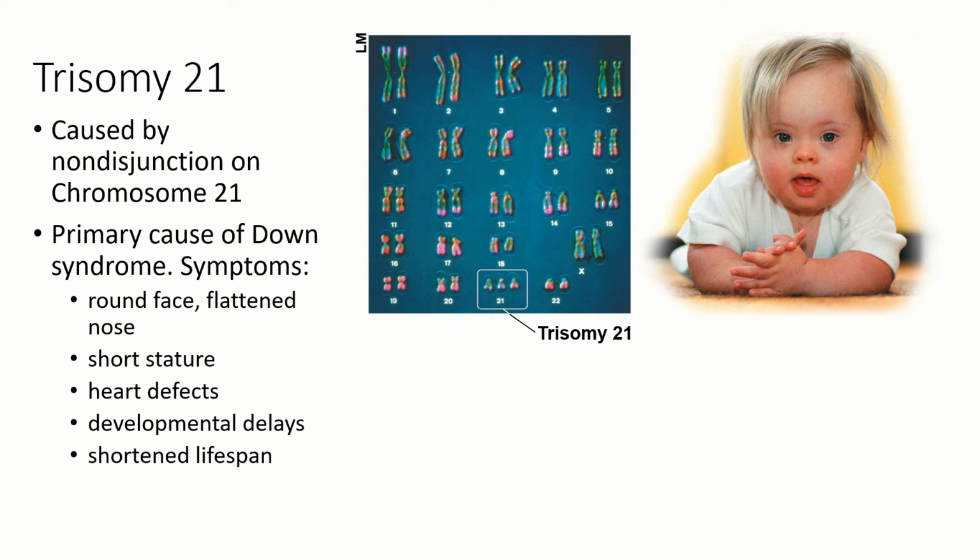So it's no longer the early death that we used to think it was. People with Down syndrome we now know can live a long time, although because they have heart defects, they sometimes do die young. So that is a result of nondisjunction, and it may be a result of nondisjunction either in the father or the mother.